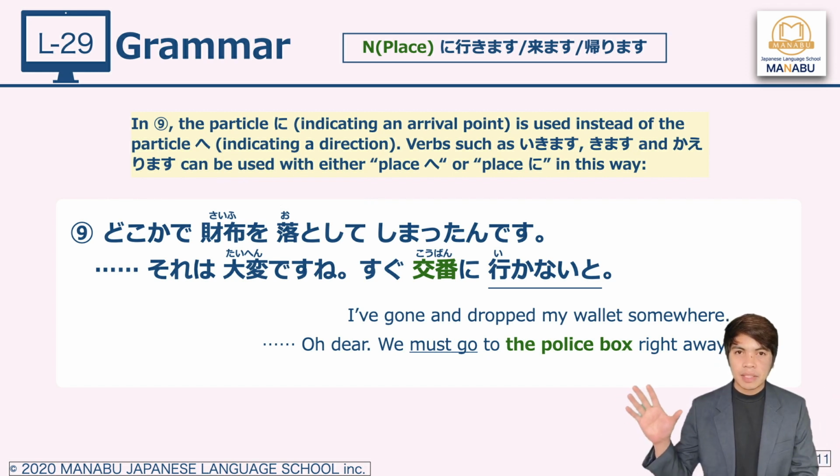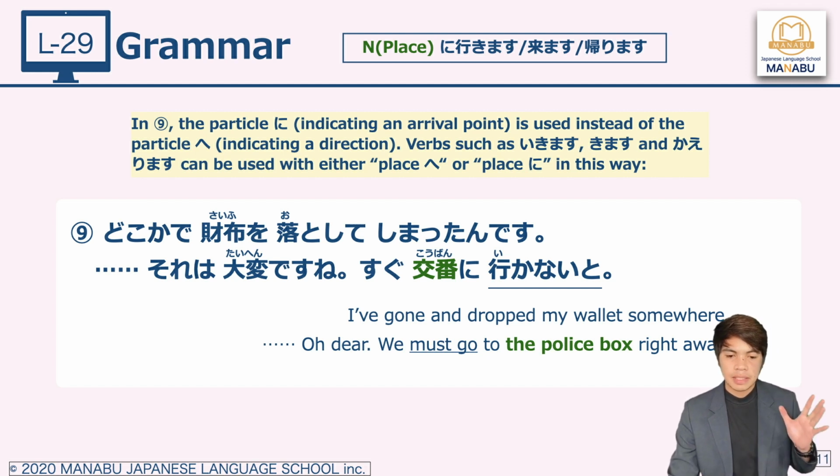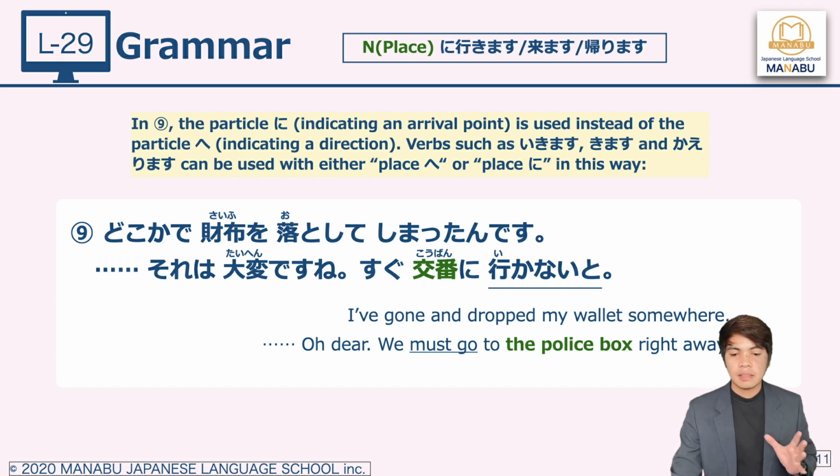Just remember that for the verbs ikimasu, kimasu, and kaerimasu, they can use the particle e or the particle ni. The particle e indicates a direction, direction towards, and the particle ni is more for indicating the arrival point.